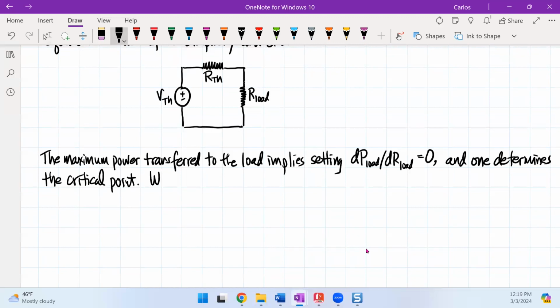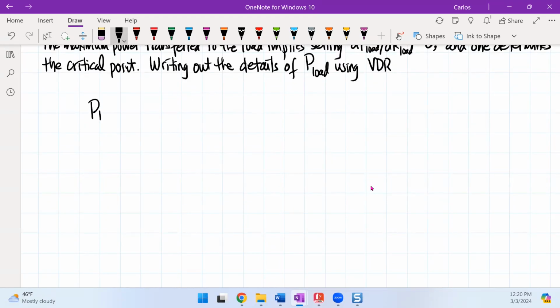So writing out the details of P load, using VDR to calculate the voltage of the load, P load equals V load squared over R load.